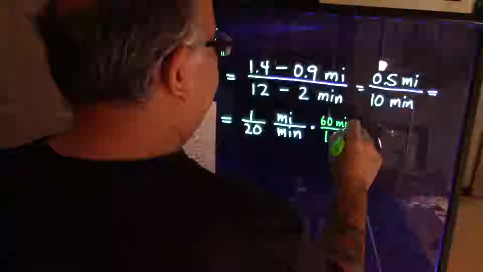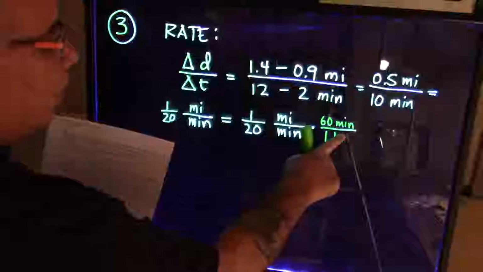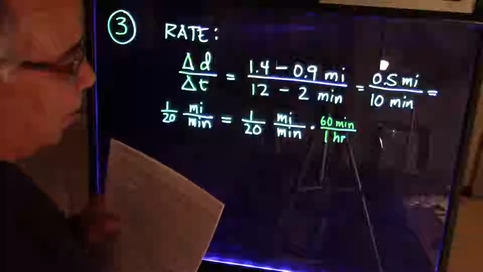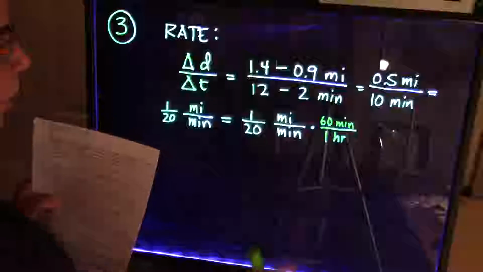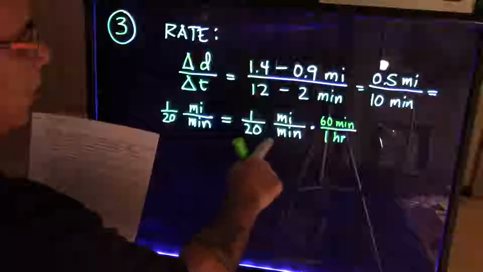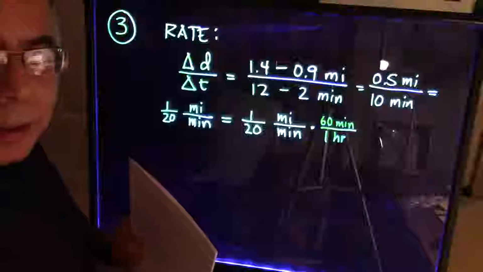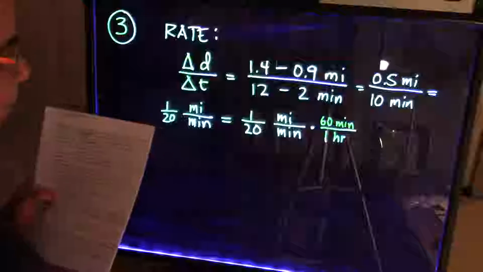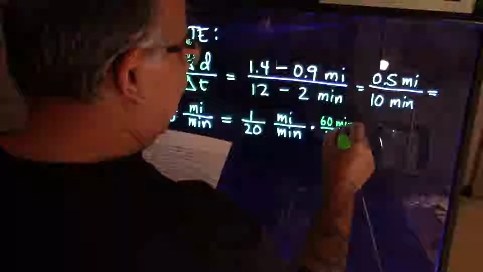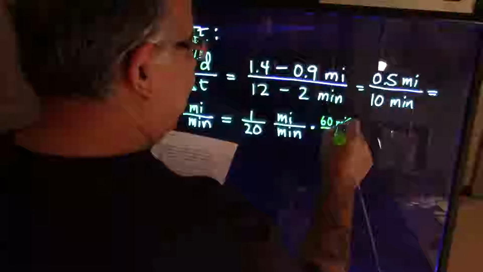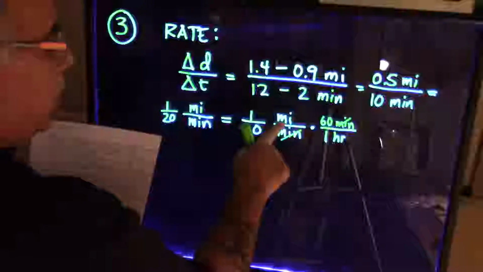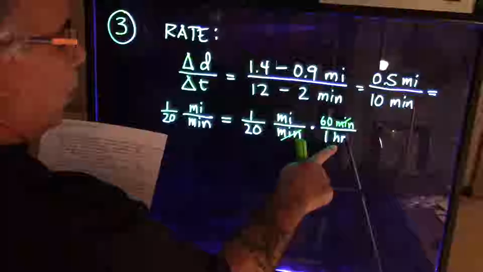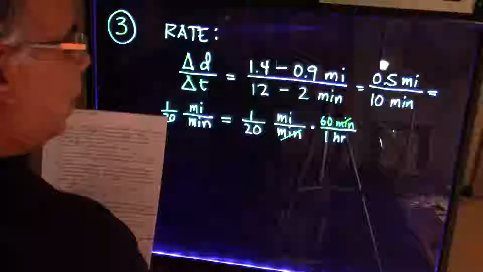So the numerator equals the denominator on this fraction, meaning that it's equivalent to 1. So you're not changing the original fraction. What this accomplishes is the minutes cancel out, and what you end up with is miles over hours, or miles per hour.